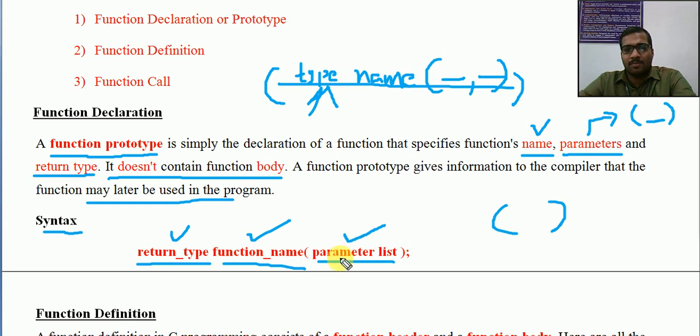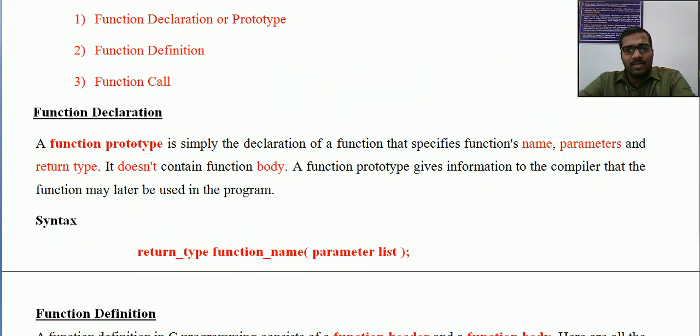Sometimes it will be passing some integer, sometimes some character, sometimes some array also. So different types can be passed. Those information must be given within this parameter list. We will see examples later. Now let us see the next portion. So function declaration is a single statement.